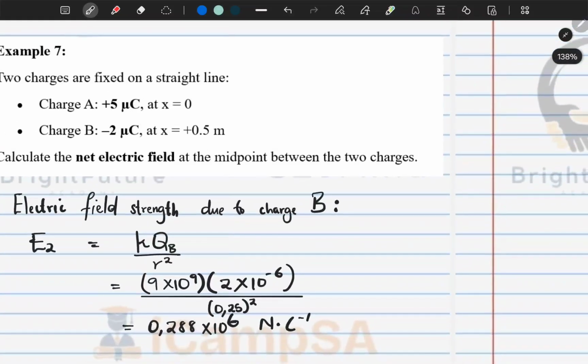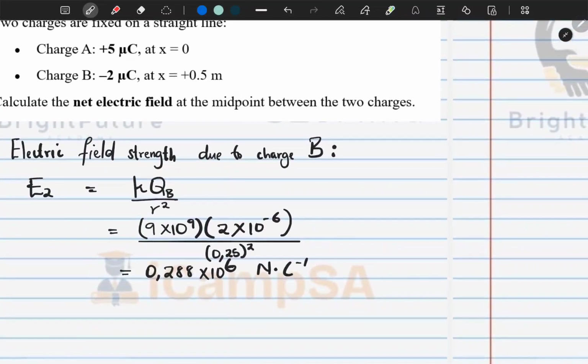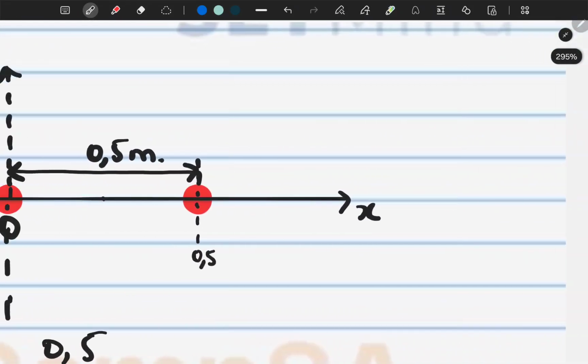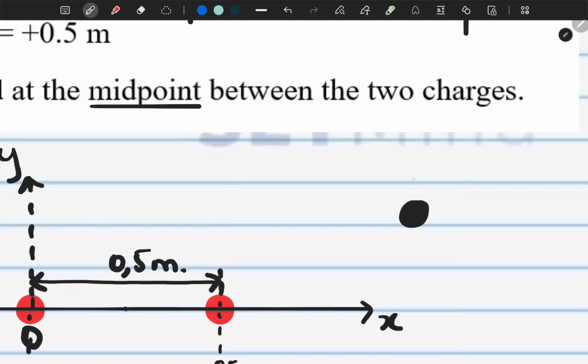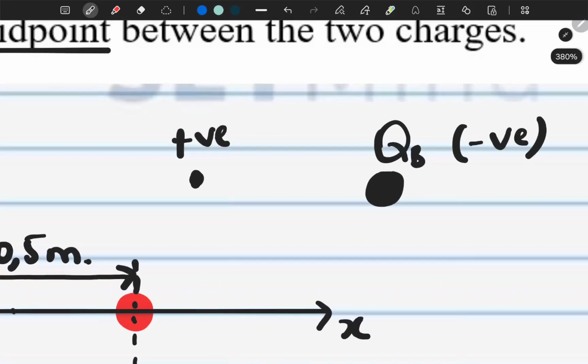Same story. Now we want to decide in which direction this electric field is. So again, we come here. QB is negative. If we were to place a positive point test charge here, where would it go?